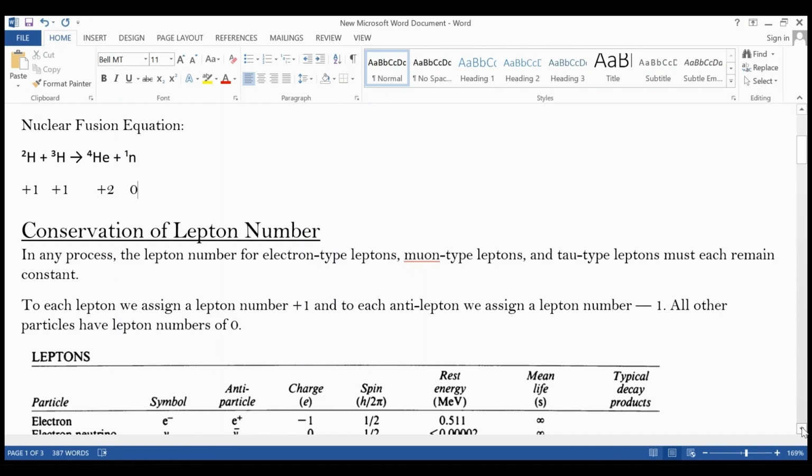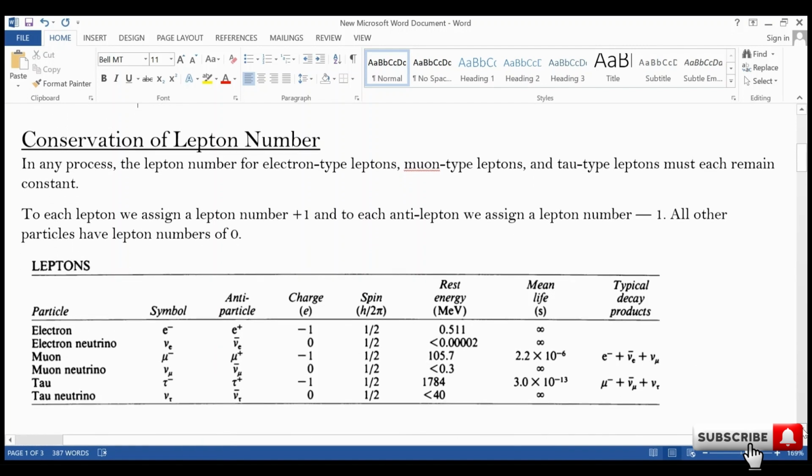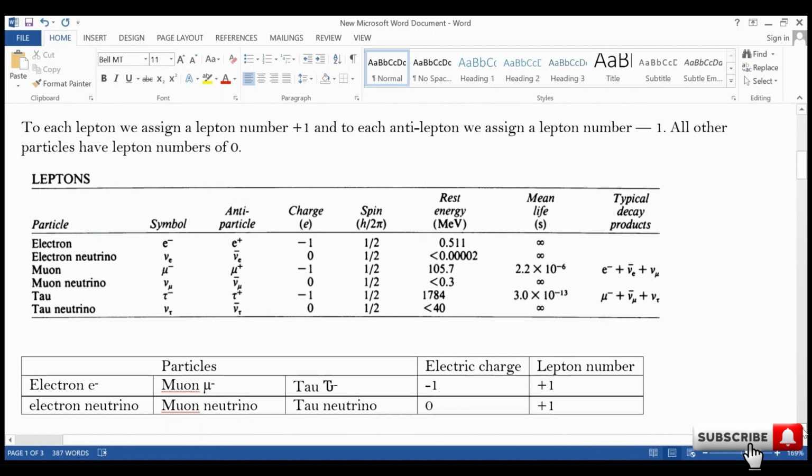There are 6 leptons, while there are 6 anti-leptons, as almost every particle has an antiparticle. Lepton number +1 is assigned to the 6 leptons, and -1 is assigned to the 6 anti-leptons. Here's a table.